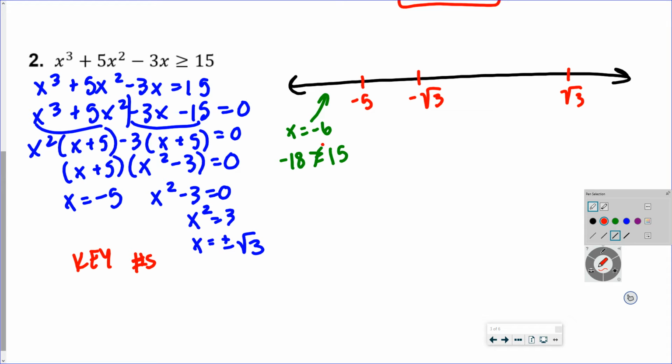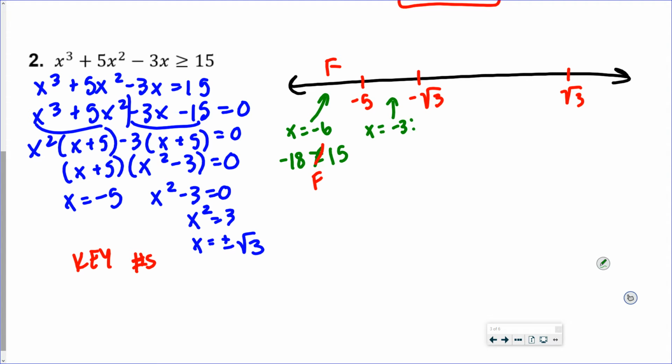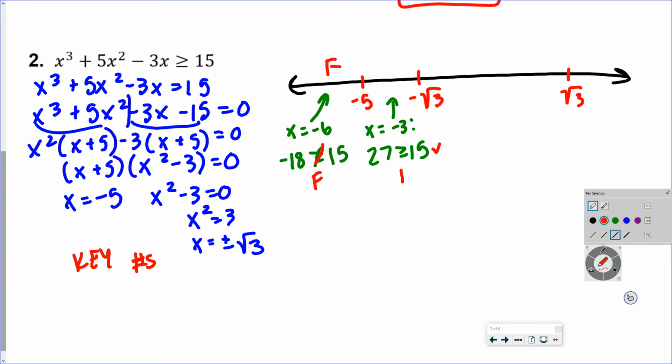False. Okay, for this one, I tested -3, which would be in between those. I got this statement. True or false? True. This one, I did 0. I got 0 is not greater than or equal to 15. That is false.